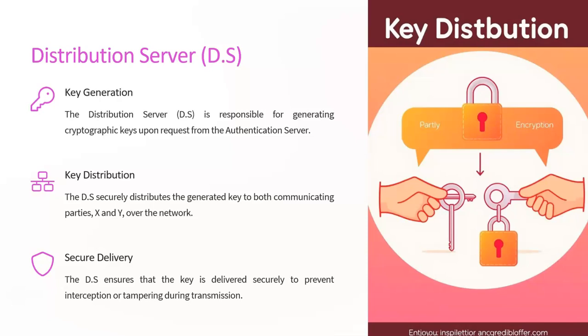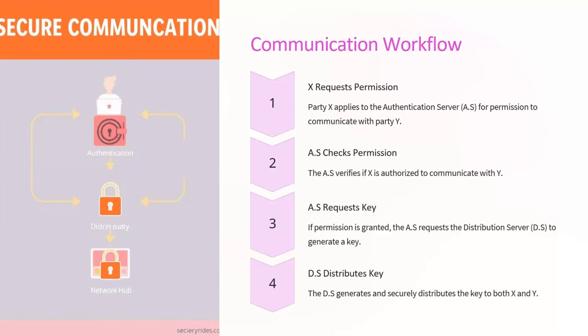The work of the distribution server is to distribute the keys to both parties, X and Y, over the network. From this stage onwards, the authentication server first approves and then it goes to the distribution server. The distribution server distributes a key. From this stage, both X and Y start to communicate.